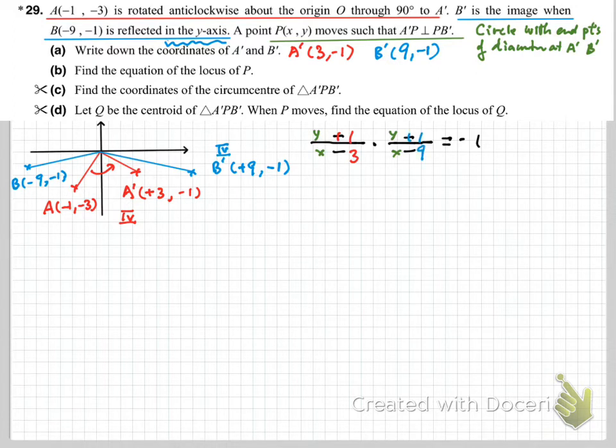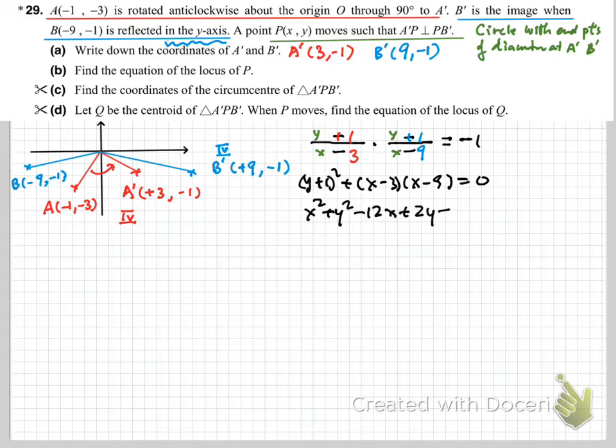You can do this so that you have y plus 1 squared equals minus 1, right? And x minus 3, x minus 9 equals 0. So after simplification, you have x squared plus y squared minus 12x plus 2y plus 28 equals 0, right?